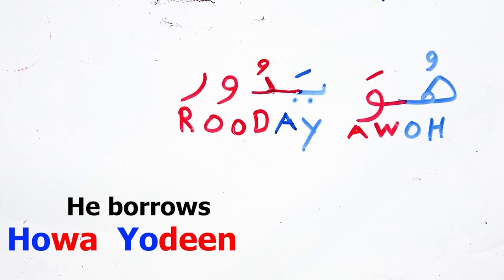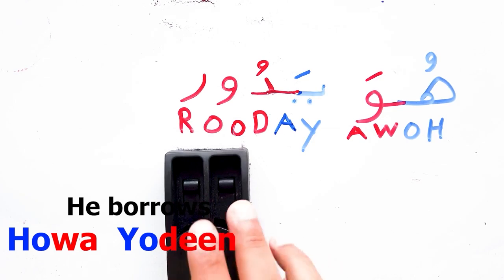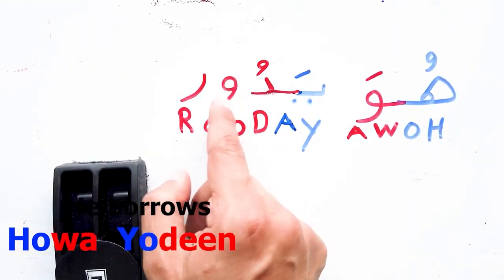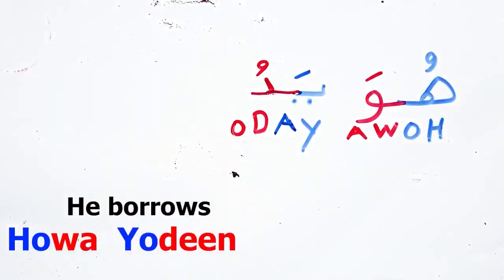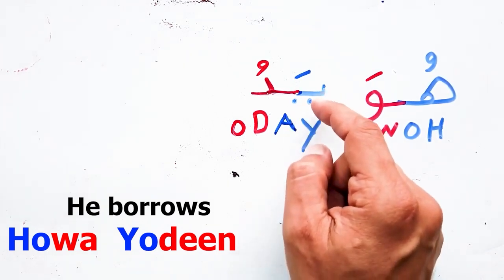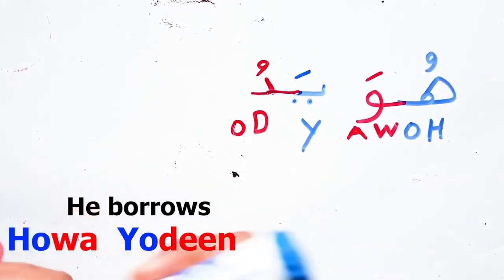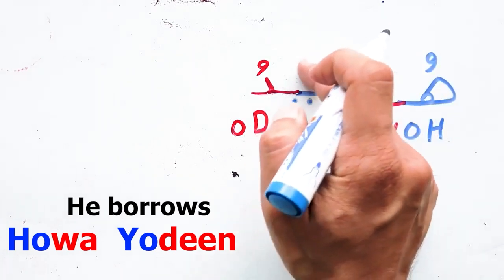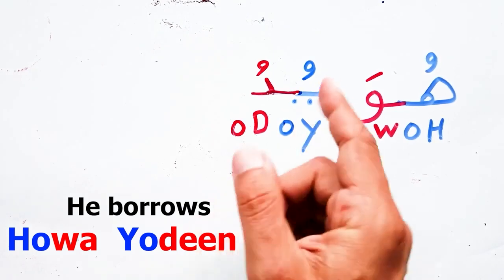هو يدين. Okay, so I just need your attention now. I'm gonna remove this O, which is wow, and this R. So let's remove them. And then I say the new word is what? Yudin. So let's add some changes here. I have here you, the sound of O. So I will add here O, and as I change this A to O, I must change this mark on the top to be dhamma, because this one sounds like O. You.